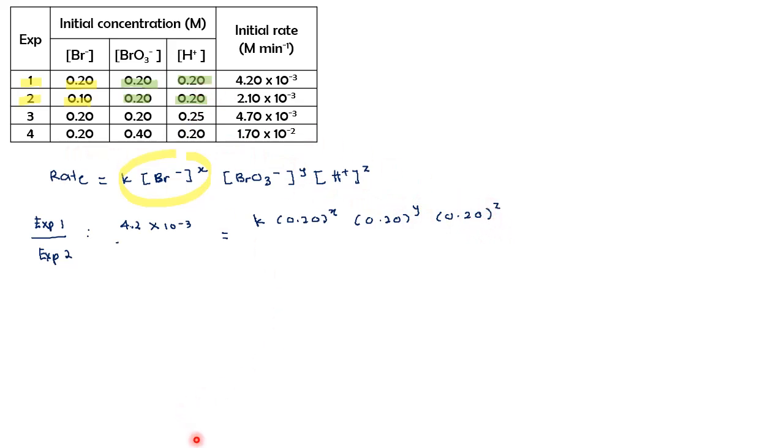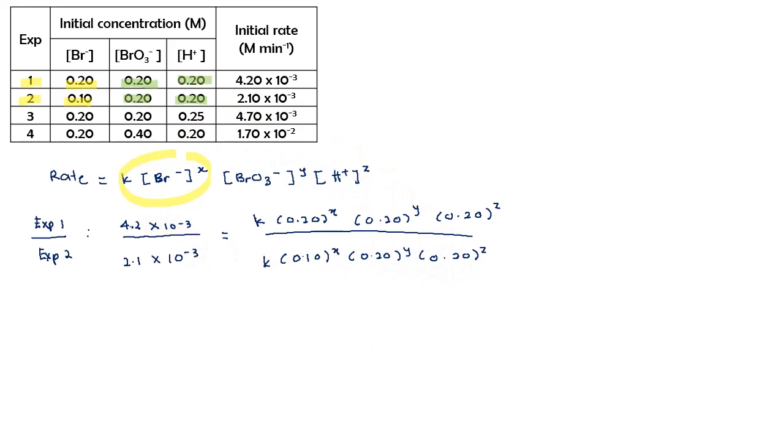So we will determine the unknowns later, and then divide by experiment 2. Here are the details and data for experiment 2. This is the rate 2.1 × 10^-3, and rate constant k, the concentration for the first reactant 0.1 to the power of x, and then 0.2 for the H plus ion as well.